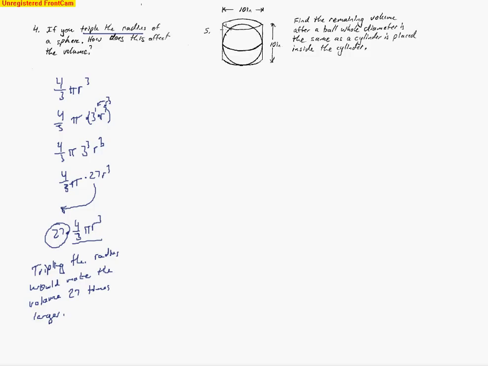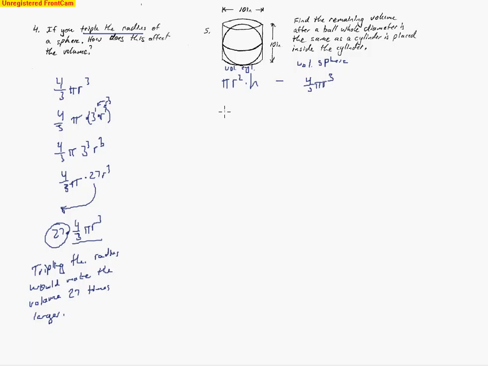So we want to find out the remaining volume left. And so this is where we're going to end up needing two formulas. The first one's pi r squared times height. This is the volume of the cylinder. And then from there we're going to subtract the volume of the sphere. And so our volume of the sphere formula goes 4/3 pi r cubed.